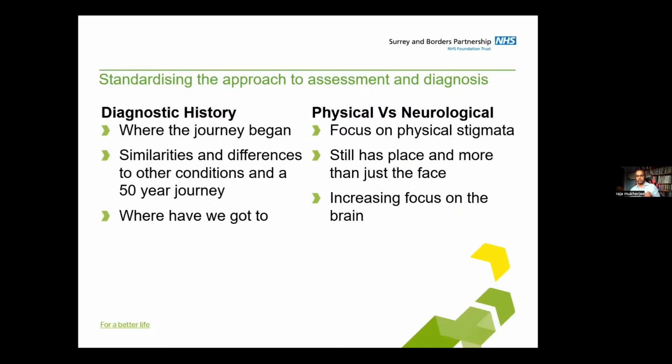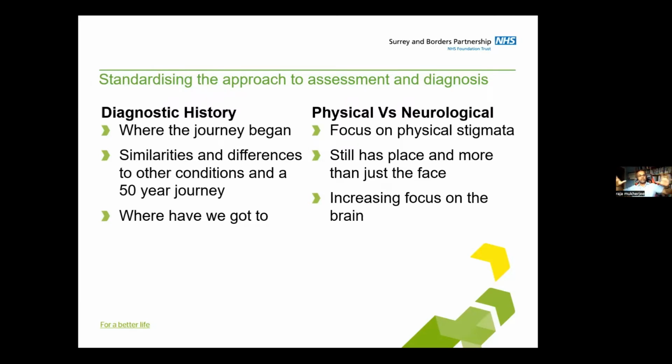It goes back to 1973, where Ken Jones and Dave Smith were working with First Nations populations in America, and they identified in some babies some facial characteristics, and they called this fetal alcohol syndrome. That's all they understood at the time.